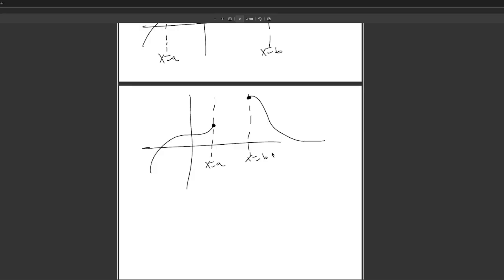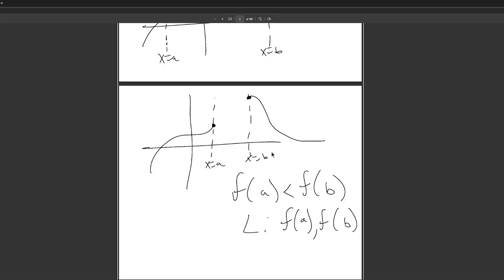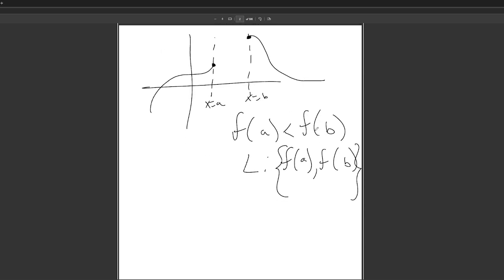You know what happens. If f of a is less than f of b, you know that there's going to be some L in the interval f of a to f of b. There's an infinite number of L's in between that.